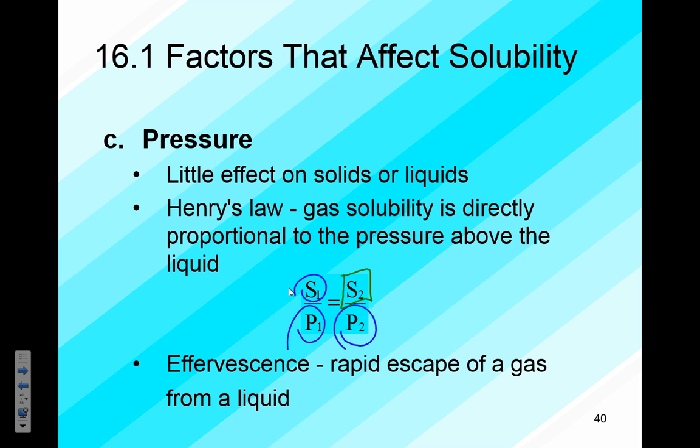When we open that 2-liter bottle of pop, it starts to rapidly escape. Now, that actually creates an issue inside our can or 2-liter bottle: above the liquid layer, we have a layer of bubbles that completely covers the surface of that liquid. So if we shake it up, we're going to knock out some of the CO2 and we're going to get a whole bunch of bubbles above the liquid. As we lower the pressure, that's going to cause more bubbles to form, and they can't just rise to the surface and burst.